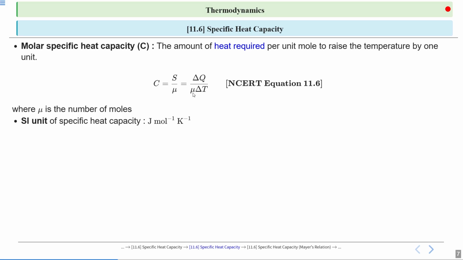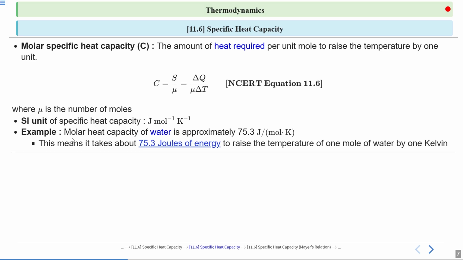For the number of moles, mole, and for temperature, Kelvin. So we can say joule per mole per Kelvin. Example: the molar heat capacity of water is approximately 75.3 joule per mole per Kelvin.